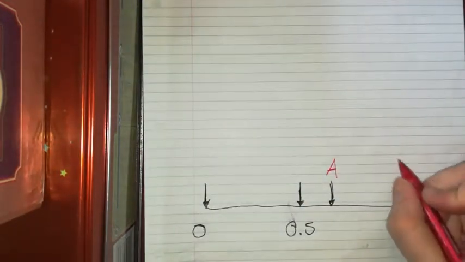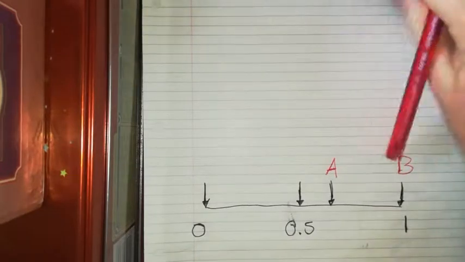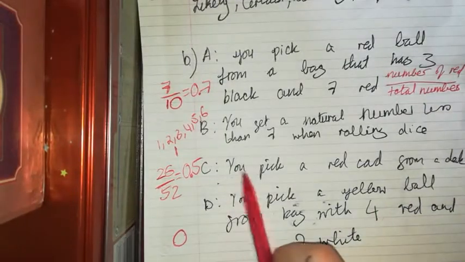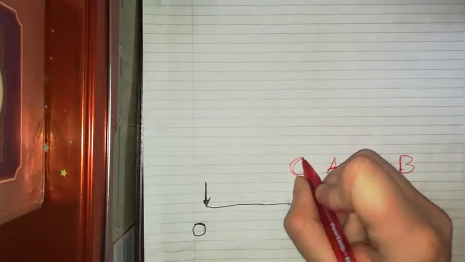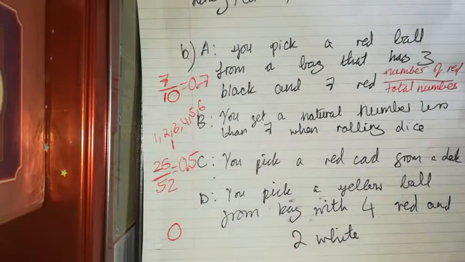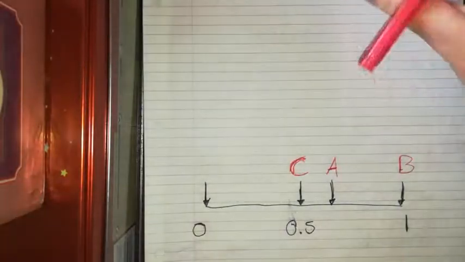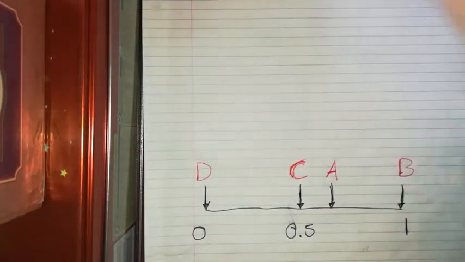B is certain. C was 0.5 when I get a red card from the deck, so C is going to go here. D is you get a yellow ball when there are no yellow balls in the bag, so D is going to go here. And that is my probabilities for that.